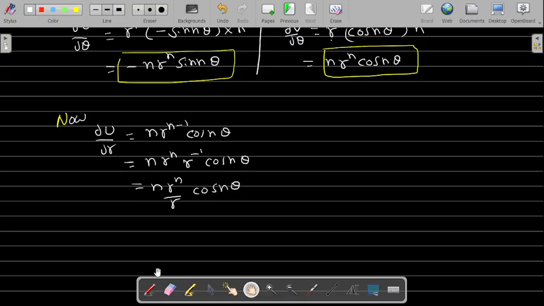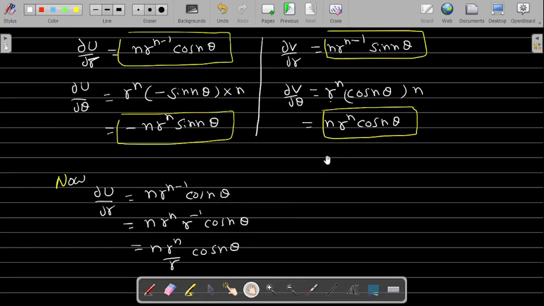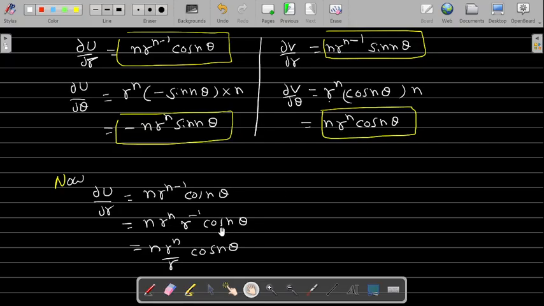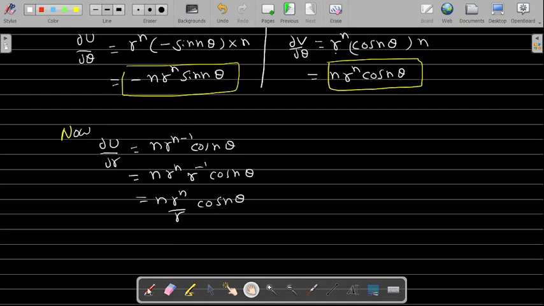So now, see this: n into r power n cos n theta. If you want it more clearly, 1 by r times n into r power n cos n theta. That n into r power n cos n theta is nothing but dou v by dou theta.